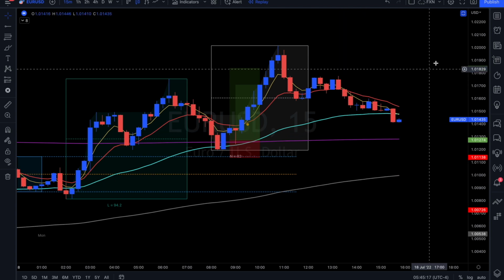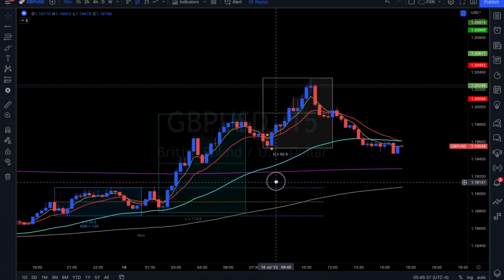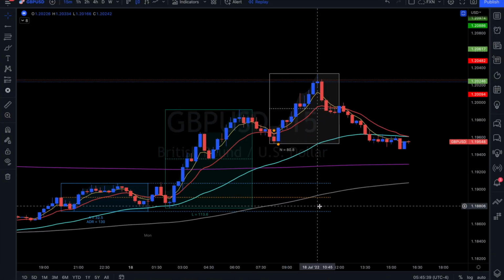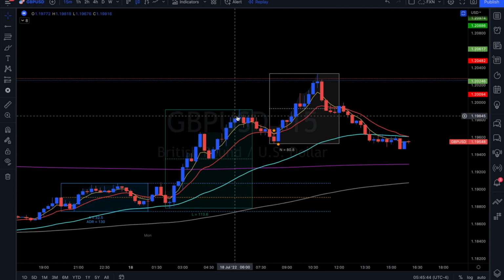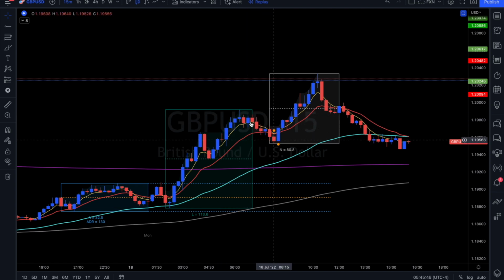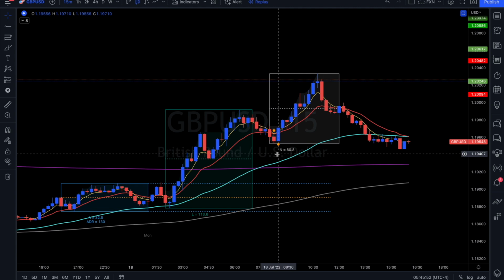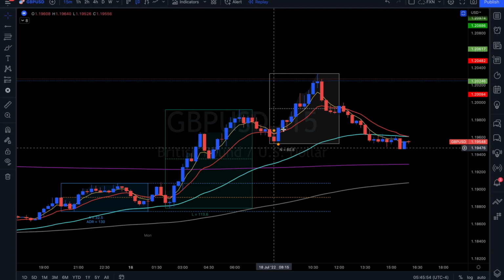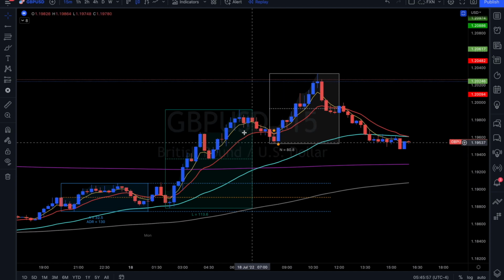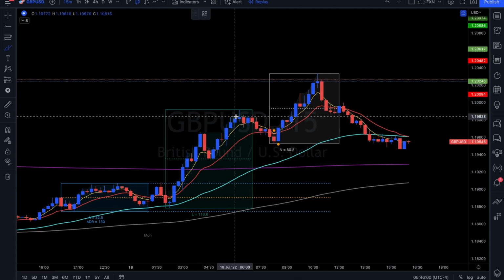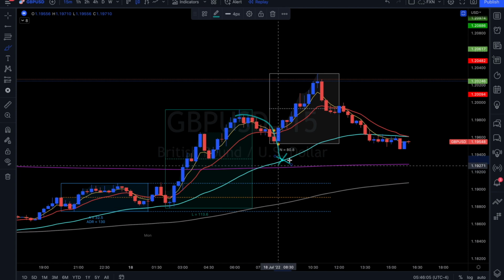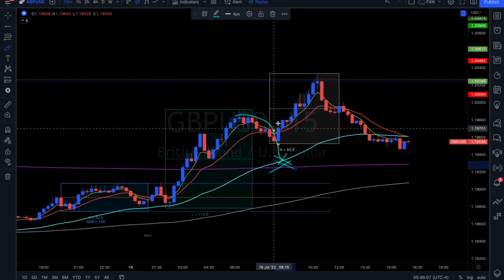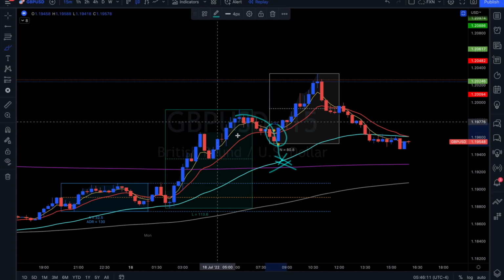Now, if we go back to GU and look at GU's trade, we got the big push during London, but we did not get the big deep pullback that we got on Euro USD. Because of that, I was very hesitant to take this particular trade setup, because I would have preferred a pullback to the 50 here or to the 800 down here and then a pattern.